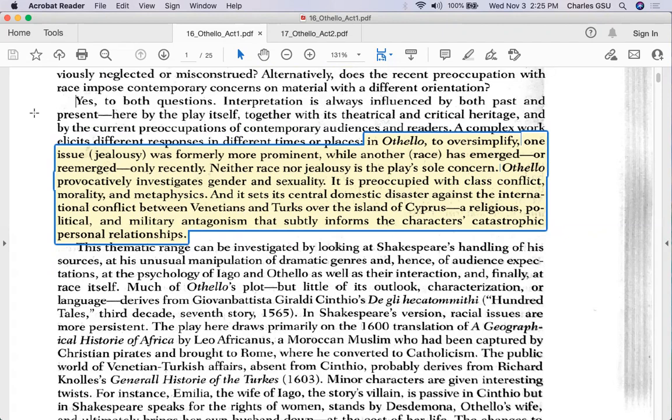Othello provocatively instigates gender and sexuality. It is preoccupied with class conflict, morality, and metaphysics. And it sets out its central domestic disaster against the international conflict between Venetians and Turks over the island of Cyprus, a religious, political, and military antagonism that subtly informs the characters' catastrophic personal relationships. So all of that is going on in the play and more.